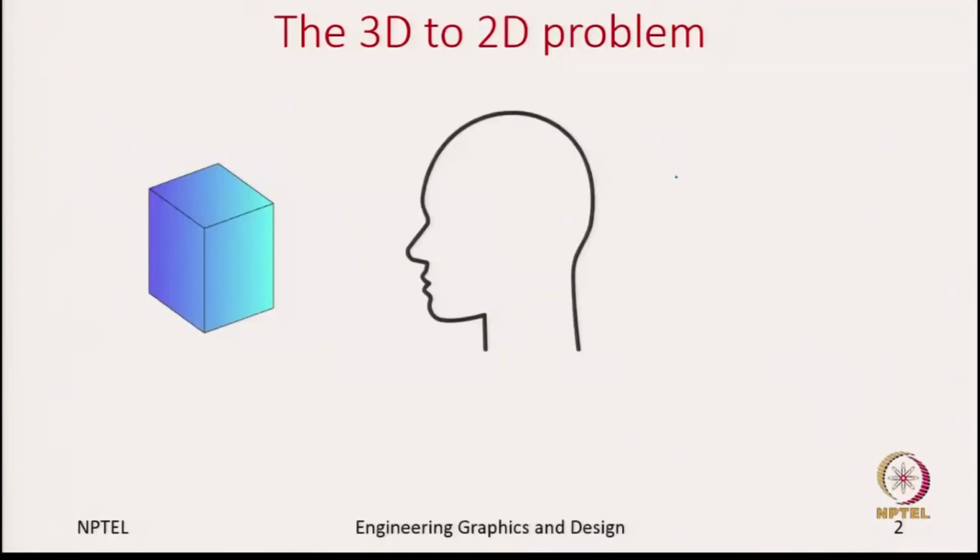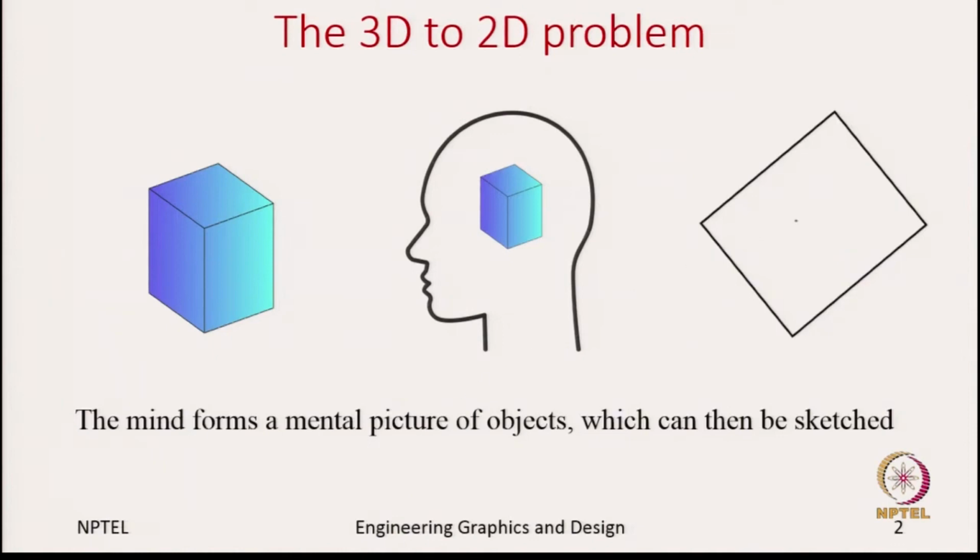So, when I look at the object, I make a mental picture of this object. And once I have this information, I need to process it such that I represent this object on a paper where we can convey it. So, for example, since this is a simple cube, one can depict the cube in this fashion.